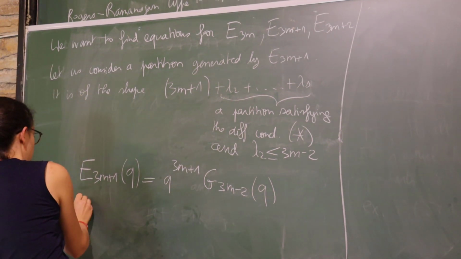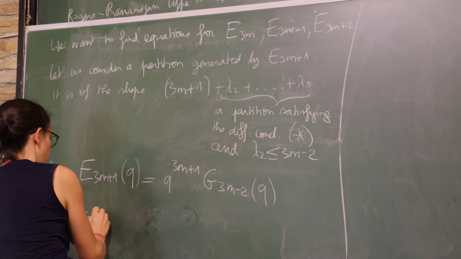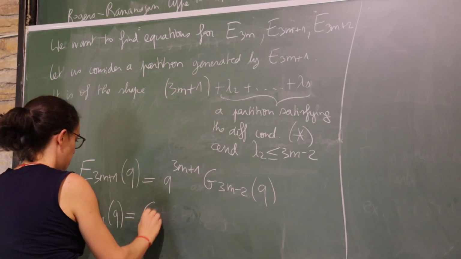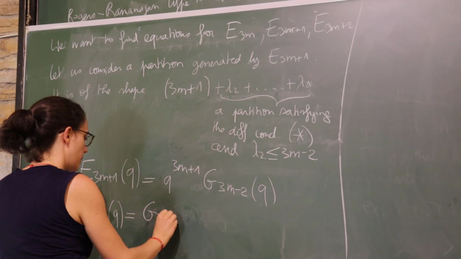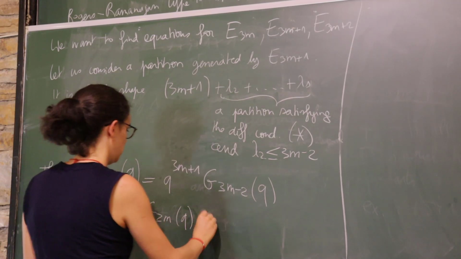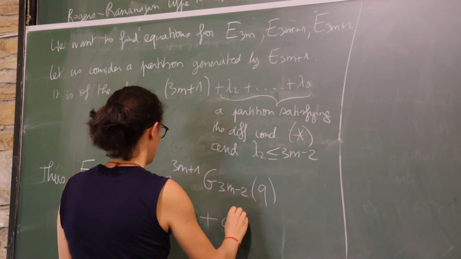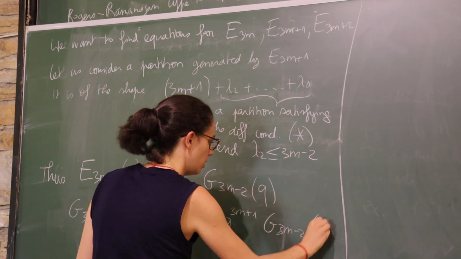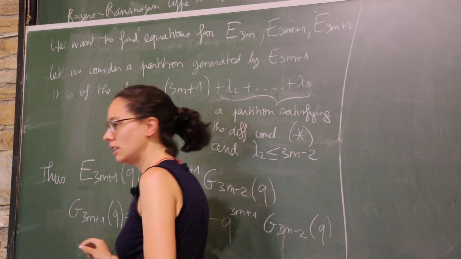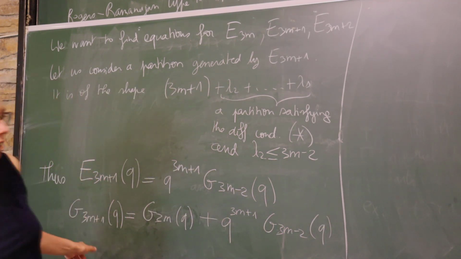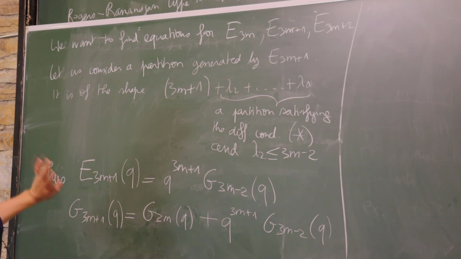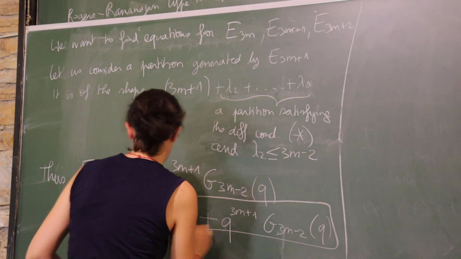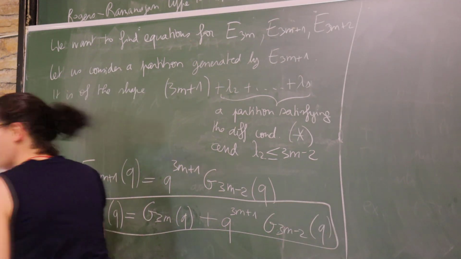And we will get that G_{3m+1}(q) is equal to G_{3m}(q) plus q^{3m+1} times G_{3m-2}(q). Okay, so I hope I did not make any mistake, but I think so far, so good. So that will be our first equation.